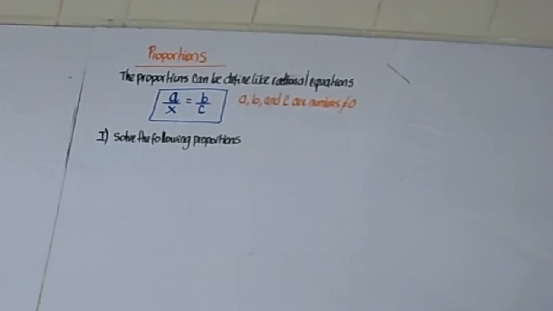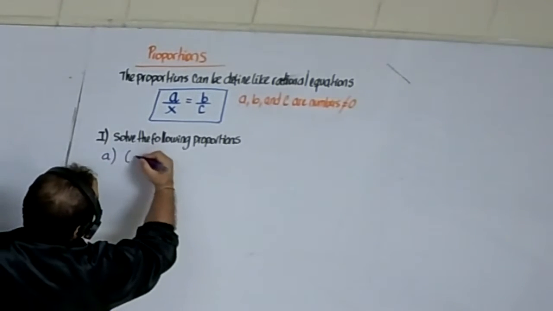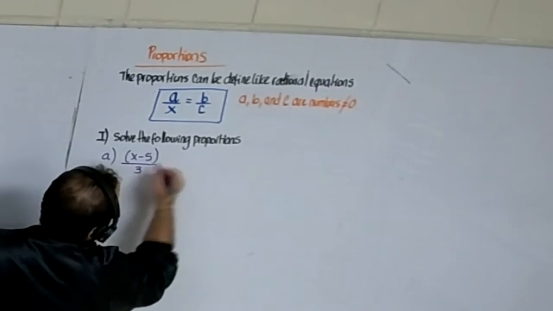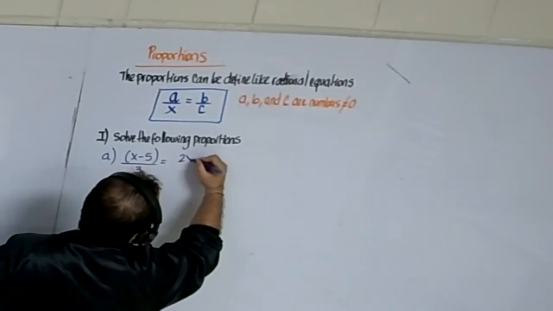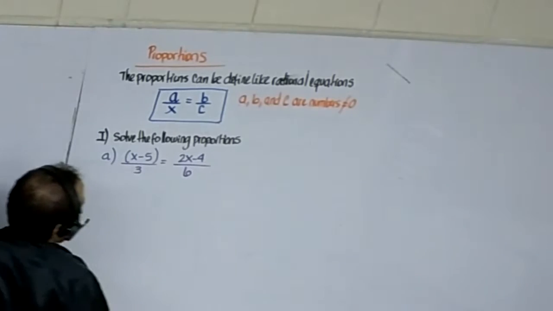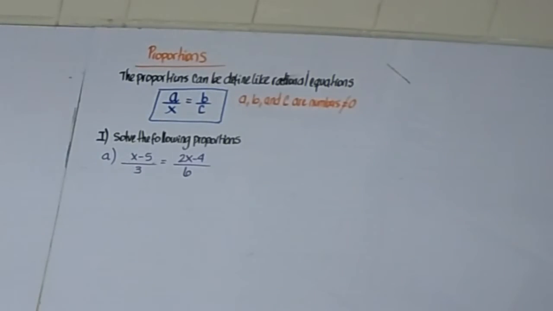For example, in letter A, we have this equation: x minus 5 over 3 equals 2x minus 4 divided by 6. If you see, it's a linear equation by means of using fractions.